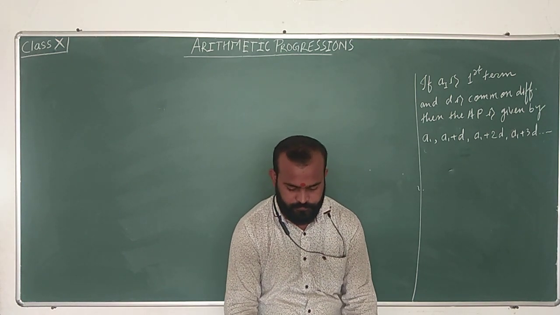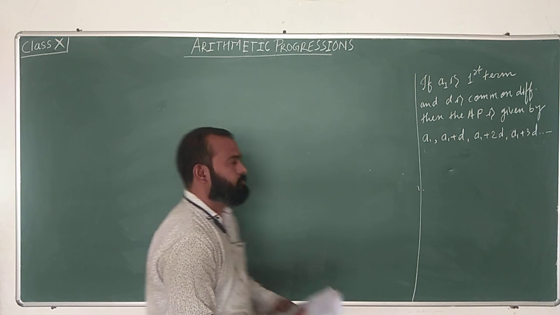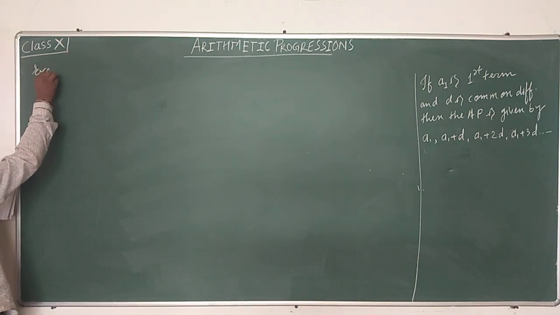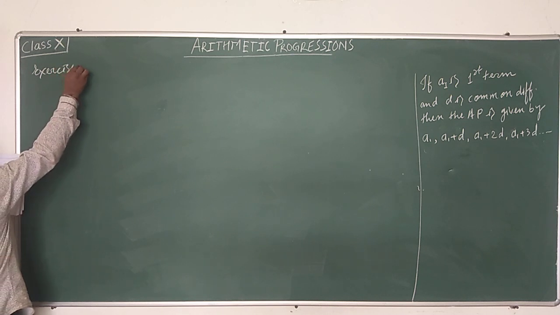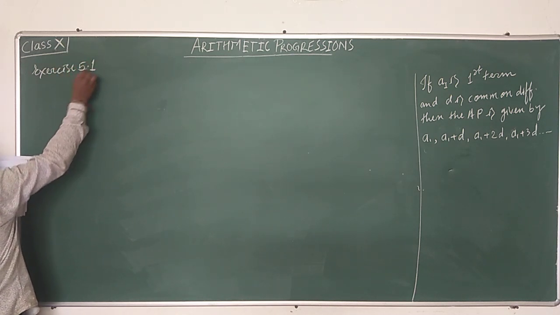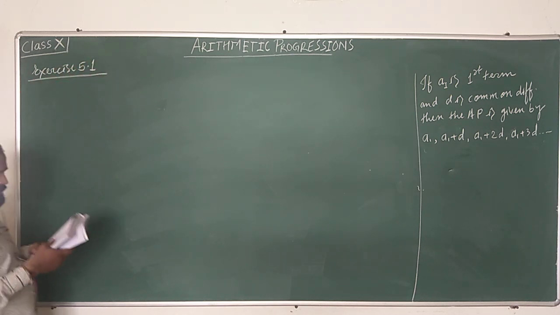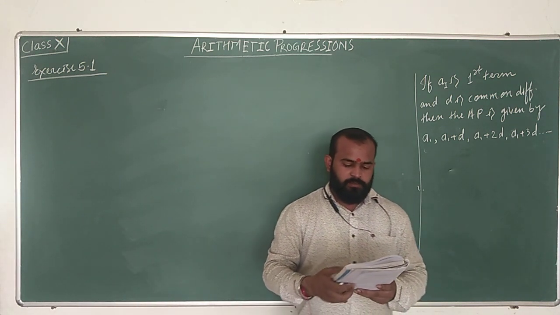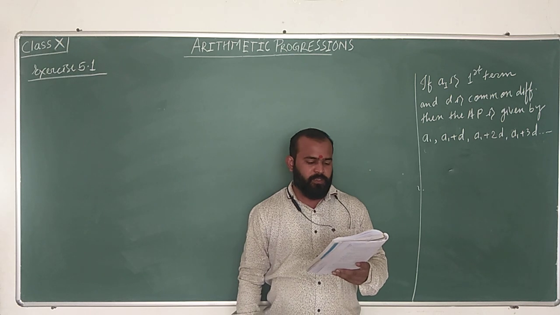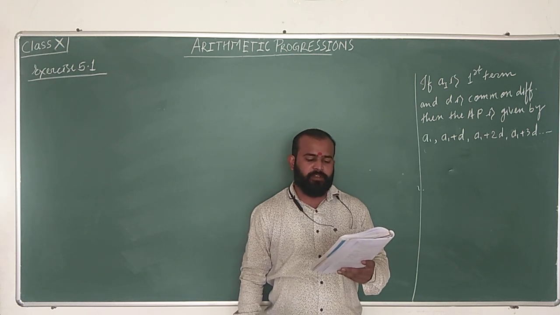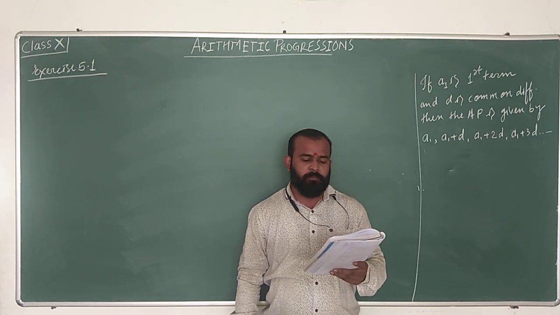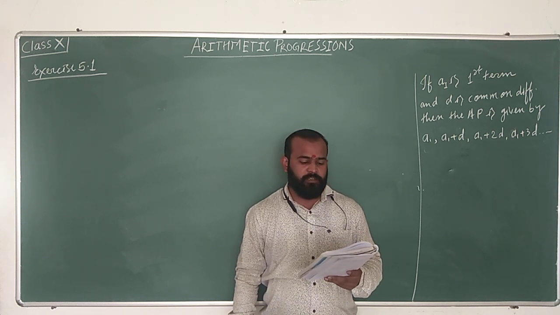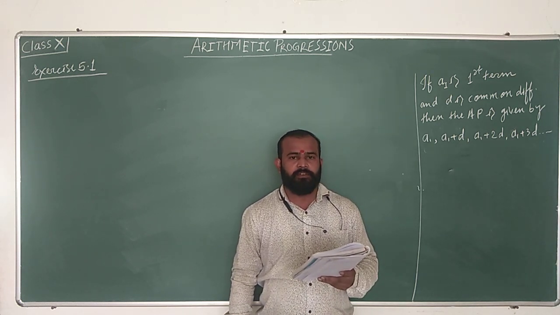Exercise 5.1. What are the problems here? First, in which of the following situations does the list of numbers involved make an arithmetic progression and why?